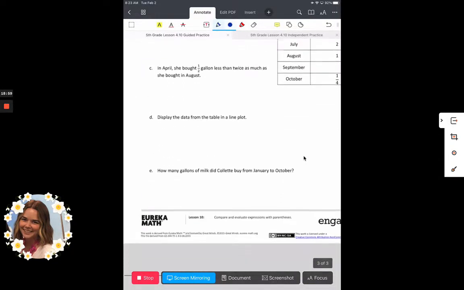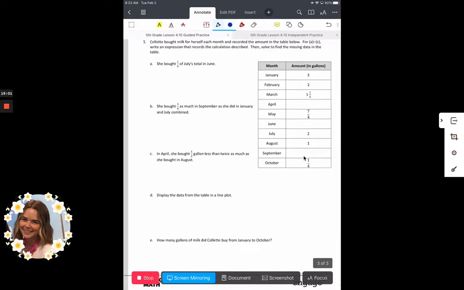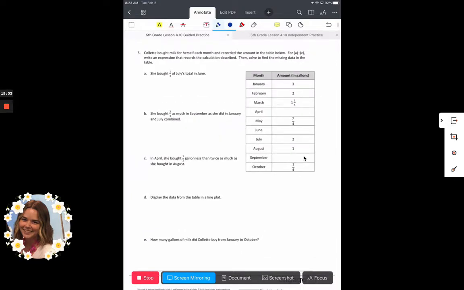So let's keep going. We've got one more page to look at. So we have a table. Number 5 says, Colette bought milk for herself each month and recorded the amount in the table below. For A through C, write an expression that records the calculation described, then solve to find the missing data in the table. So we have a couple of things that we're looking at here.